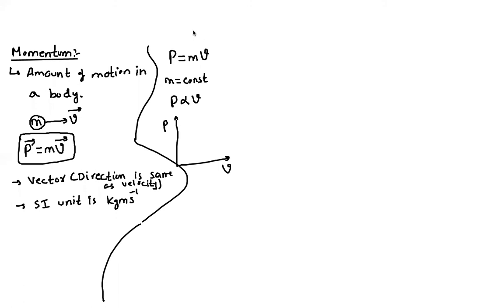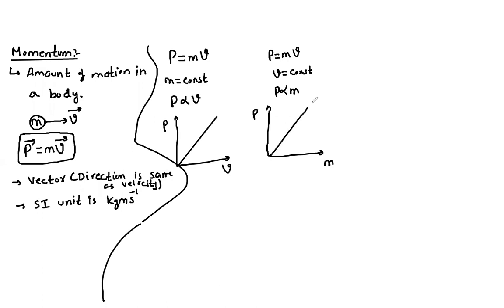They are directly proportional, so the nature of the graph will be a straight line. Similarly, P is equal to mv. If I write v equal to constant, momentum is directly proportional to mass. This is mass and this is momentum. This is again directly proportional. Your graph will be a straight line.